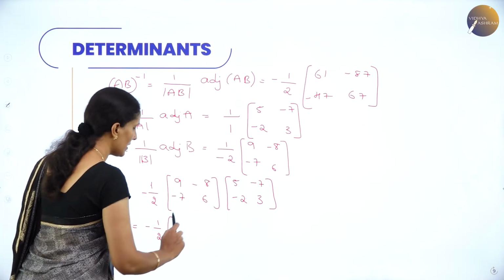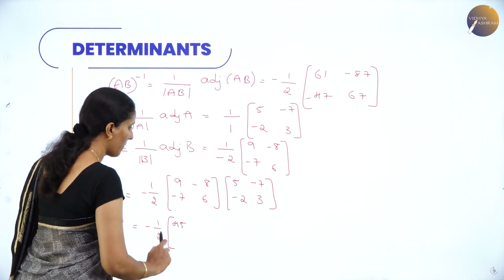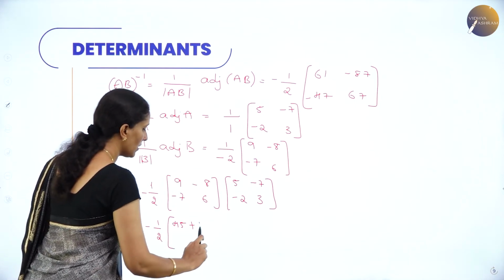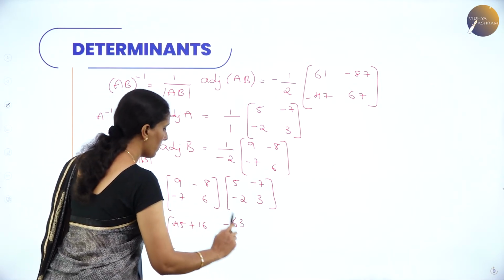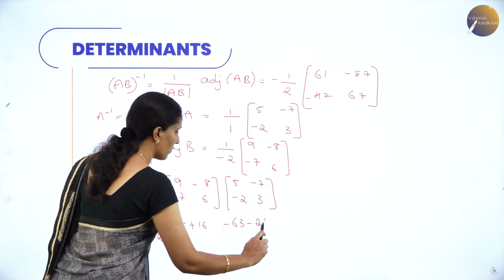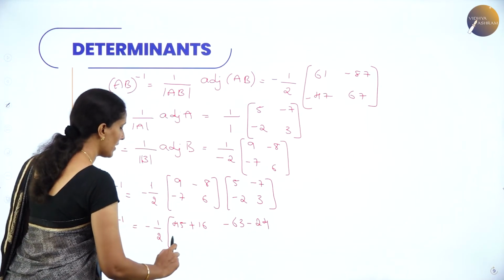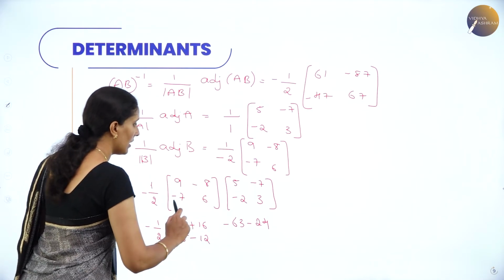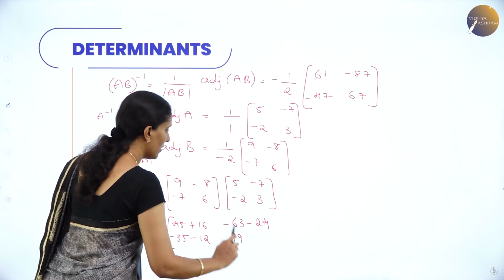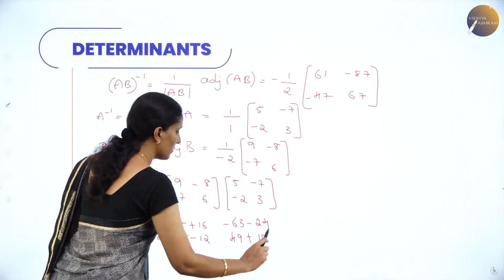So we have 9 5s are 45 plus 8 2s are 16. 9 7s are 63 and here 24. Next 7 5s are 35 minus 6 2s are 12. Next we have 49 plus 18.